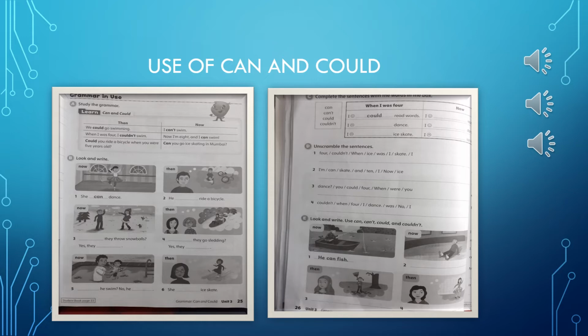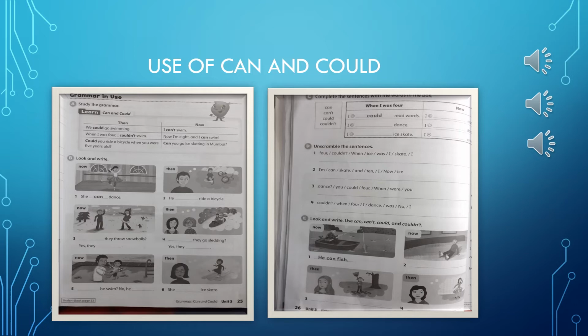Number three. Dance, question mark, you, could, for, comma, when, were, you. This is the sentence, and you have to unscramble it. It's very easy. I know you can do it yourself as well, but still I would be helping you.